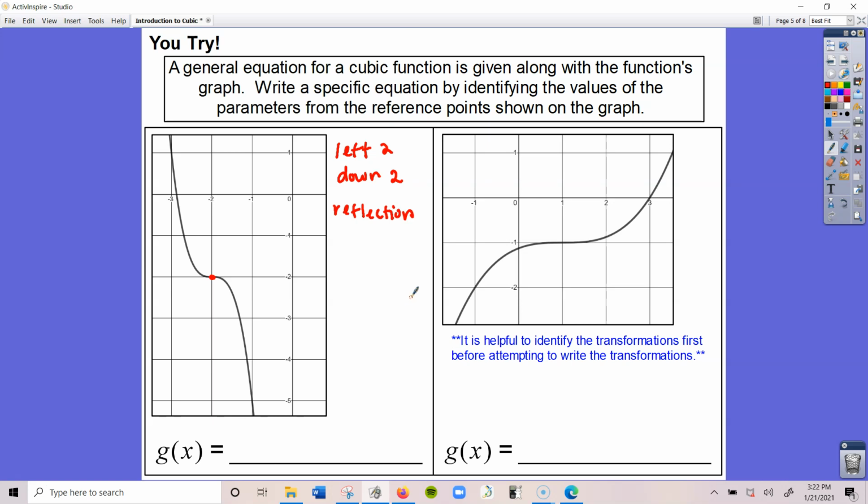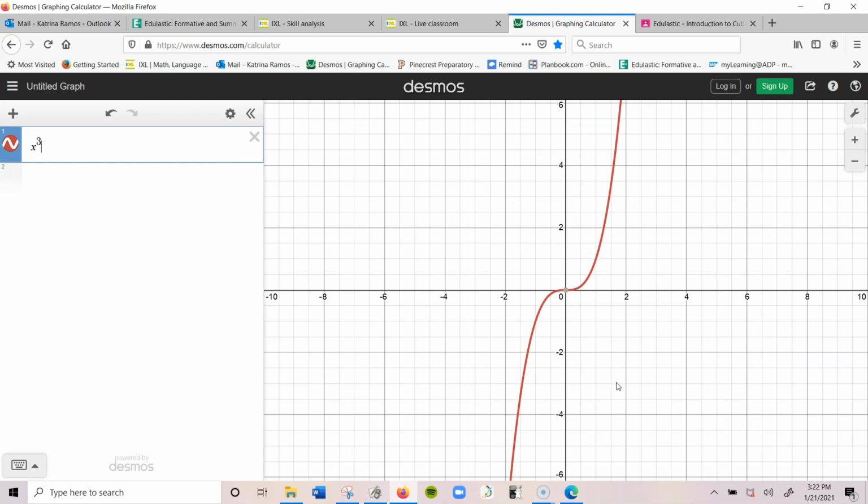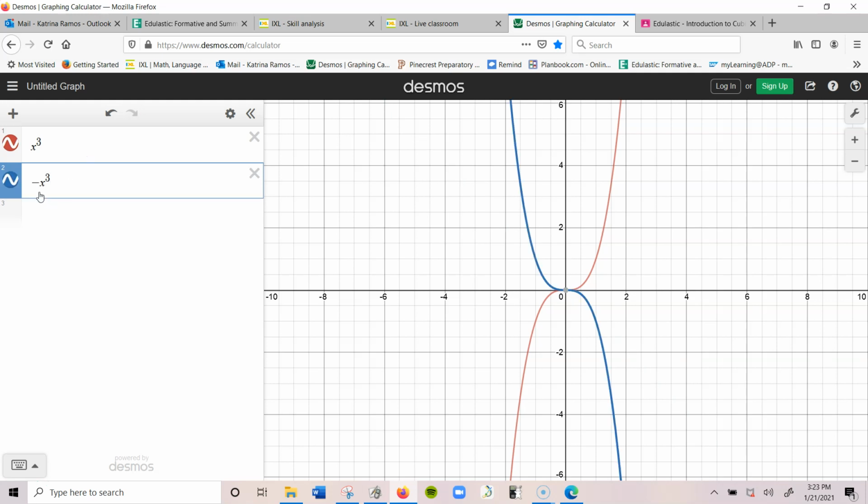and it doesn't really matter what you say, because whether you reflect on the x or on the y is the exact same graph, and let me show you why. This is your cubic function, the original graph, and you see how it is always increasing. If I say that there is a reflection on the x-axis, that means that the negative is outside of the x. And we see that it is flipped. Now it is decreasing.